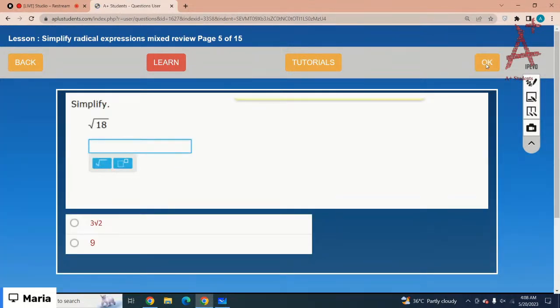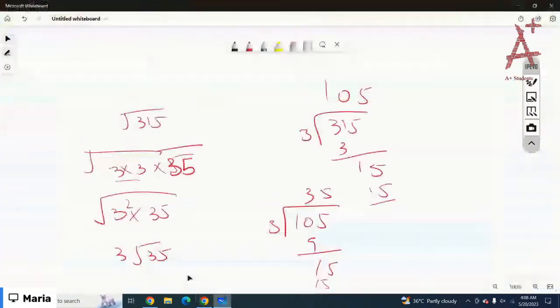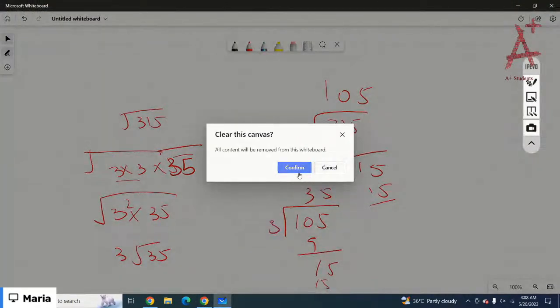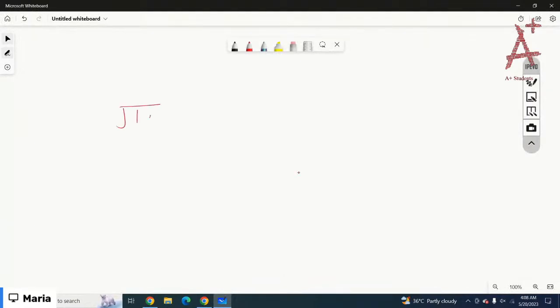Okay, the next one is square root 18. So which is the correct option? You can write square root 18 as 3 times 3 times 2. Got it?